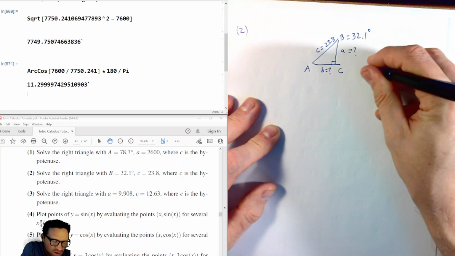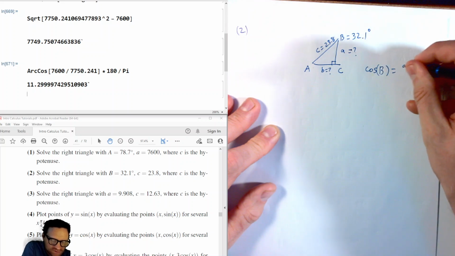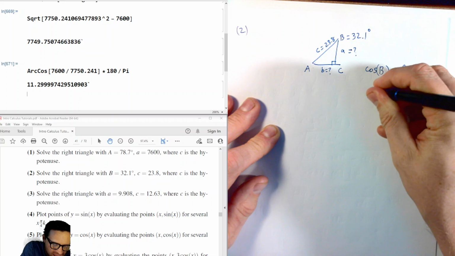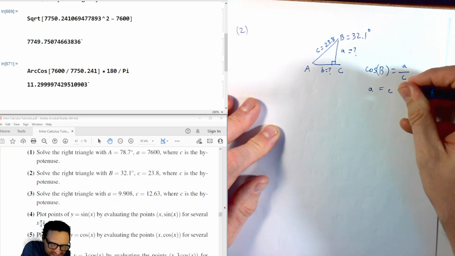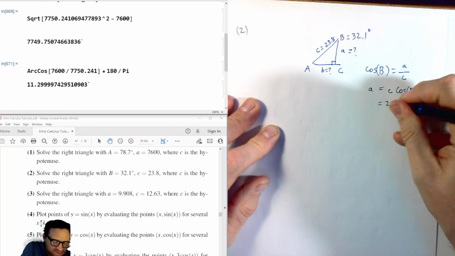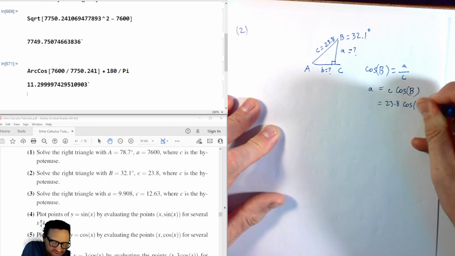So we have cos of B is equal to A over C. And so therefore A is equal to lowercase c cos of uppercase B. And so this is 23.8 cos of 32.1 degrees.